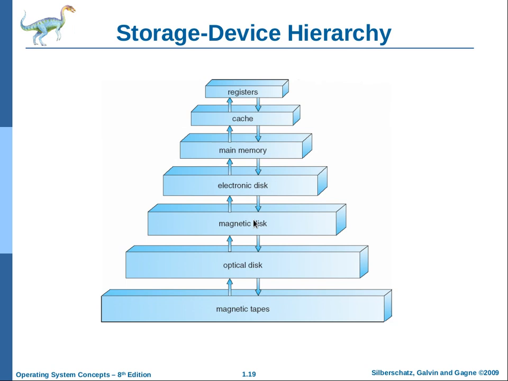Magnetic disks still will hold more. I think they just released one, was it 10 or 20 terabytes in one disk or something? I'd have to go look it up again. But each disk can hold a lot on the magnetic side. Optical disks, again, can store a lot. They're usually read-only. And then tapes, believe it or not, we still have tapes.